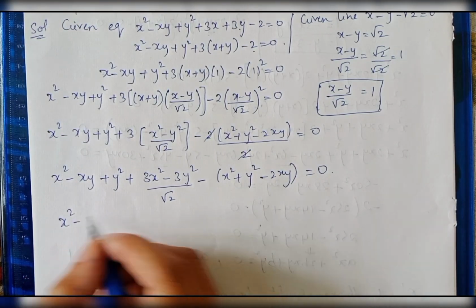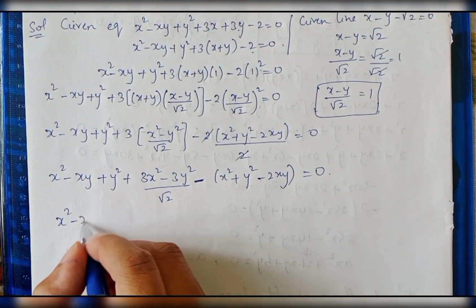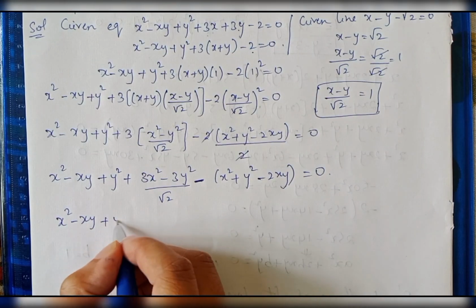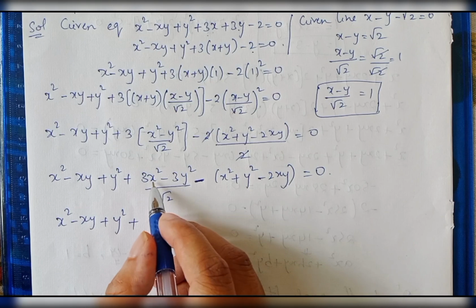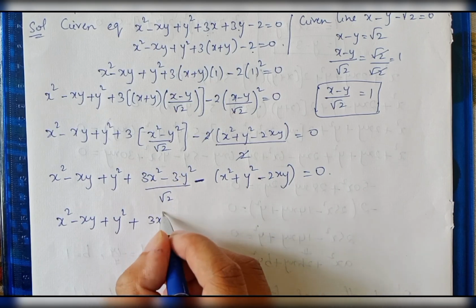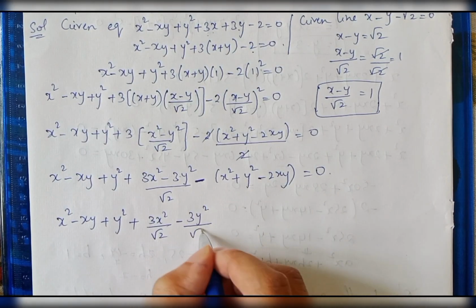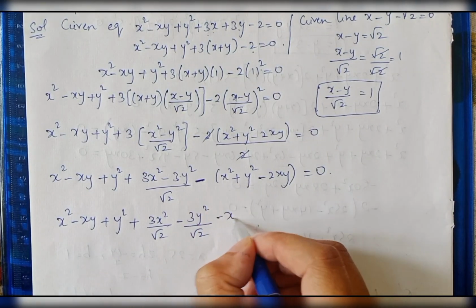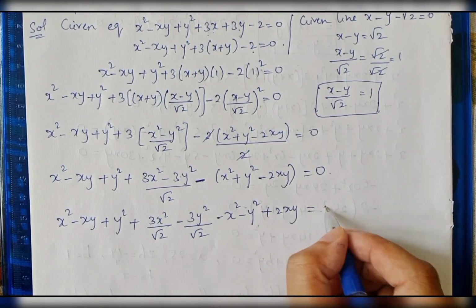Now multiplying the minus inside, it is minus xy plus y square plus, writing it with a separate denominator for both x square and y square, 3x square by root 2 minus 3y square by root 2, and here it is minus x square minus y square, and plus 2xy equals 0.